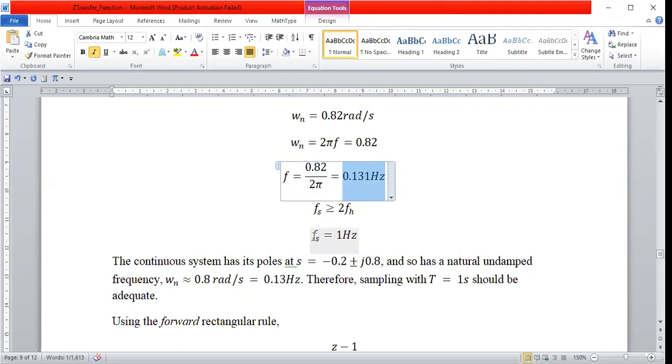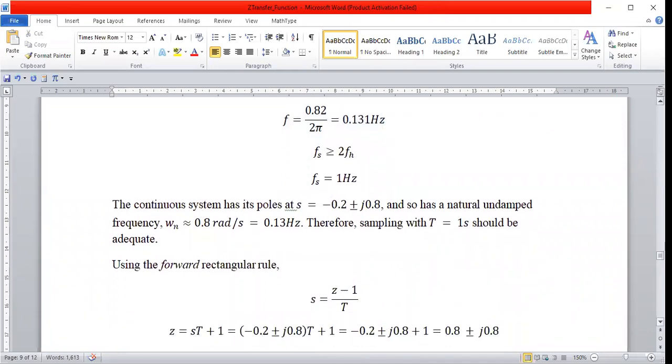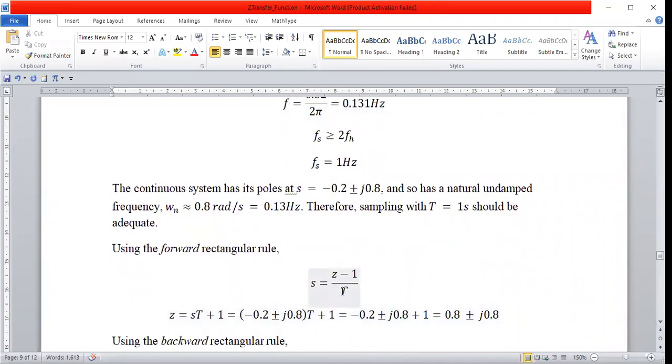Then to get the sampling time is just 1 divided by 1, which is 1. So a sampling time of 1 should be adequate. The reason why we need the sampling time is because T is the sampling time for the forward, backward, and the trapezium rule. How did we get these parameters?